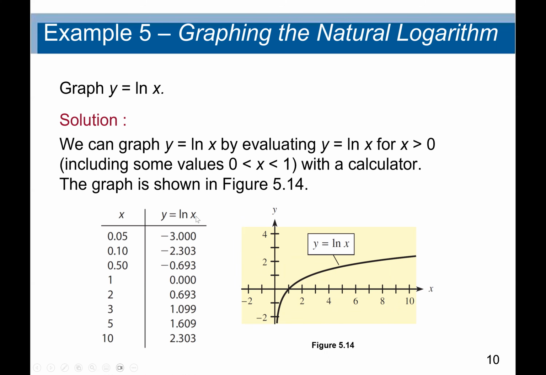X and then y equal to natural log x. So we start from 0.05, and then the natural log will be negative 3.000. Then we have 0.10, and the natural log of 0.10 will give us negative 2.303.